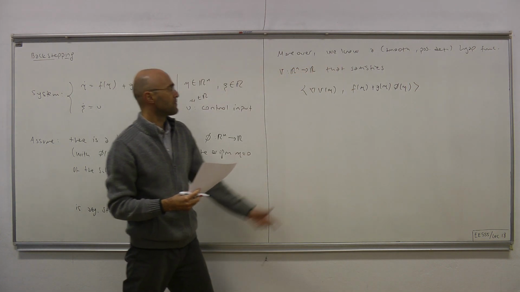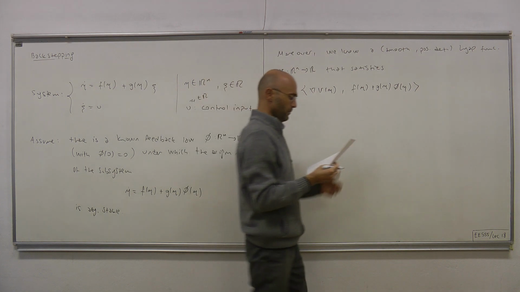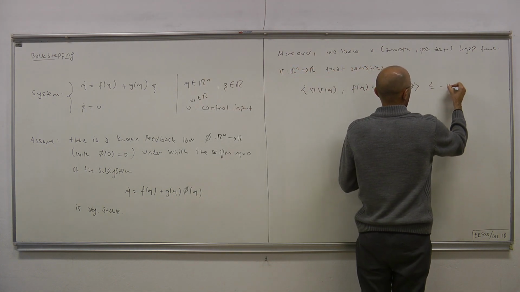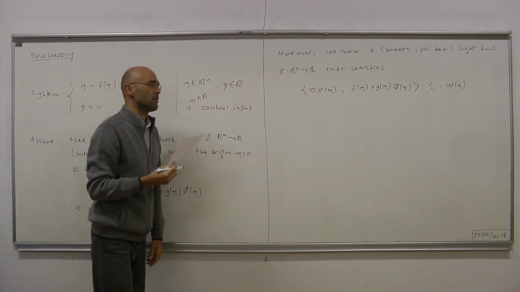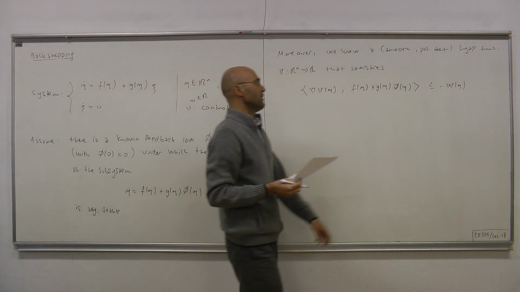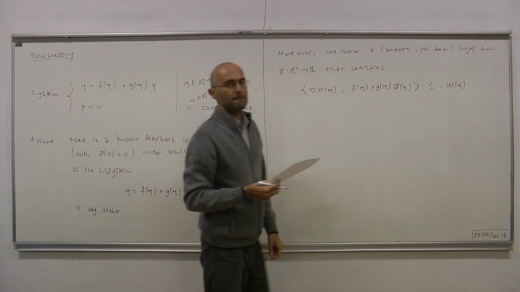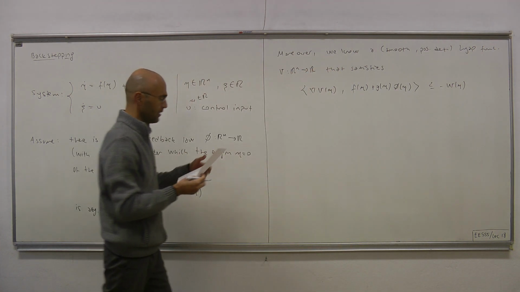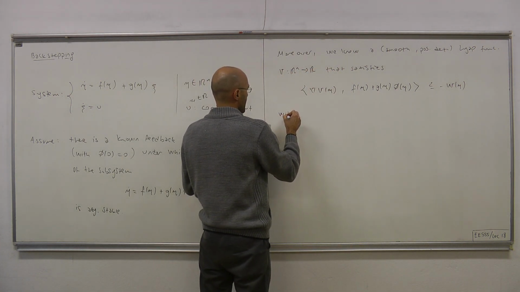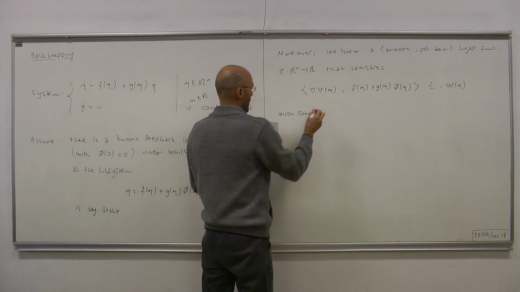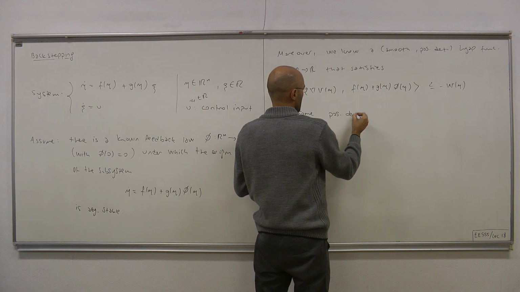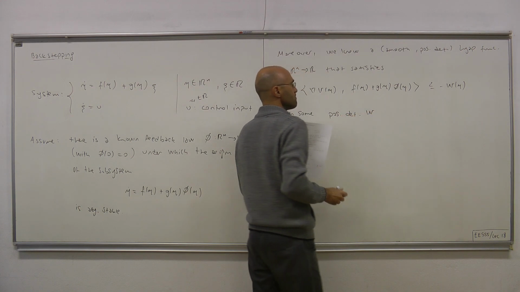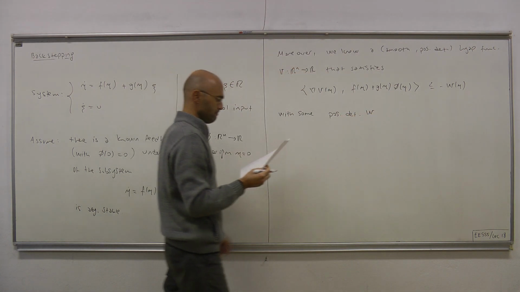Okay, so this is V dot, and this is less than or equal to minus w(eta), and w is some positive definite function of eta, therefore minus w is a negative definite function of eta, with some positive definite w.